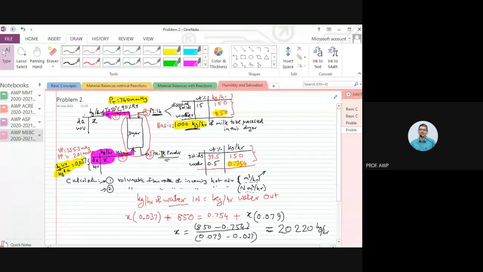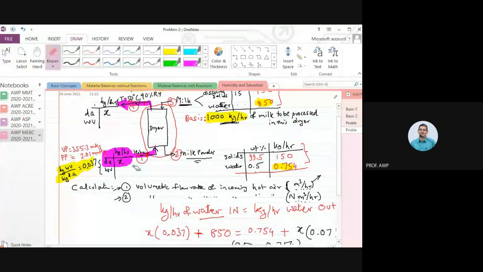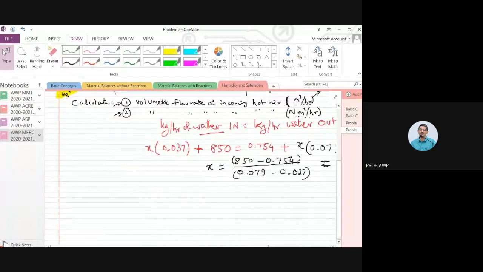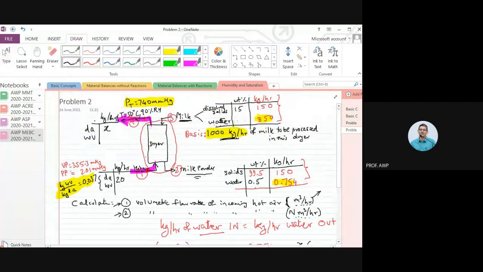Okay. So now I can write things. So this dry air, kg per hour of dry air would be 20,220. Let me just write it properly.